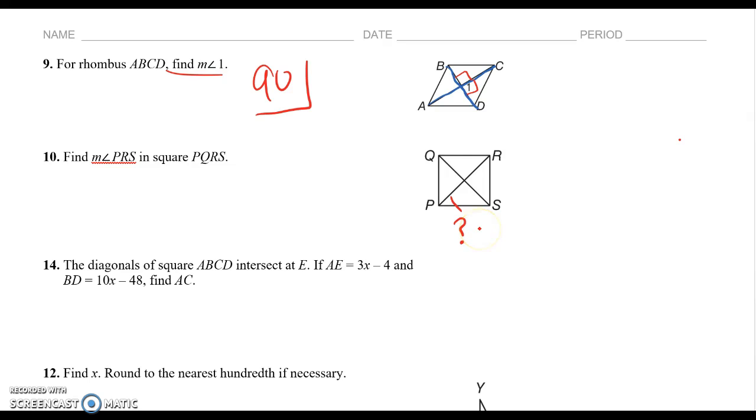So it holds all the properties that we've learned so far. From our rectangles, we know that this is a 90-degree angle. But from our rhombus, or rhombi, we learned that these two angles are congruent. So if this whole thing is 90 and we just want 1/2 of that, we know our answer will be 45.